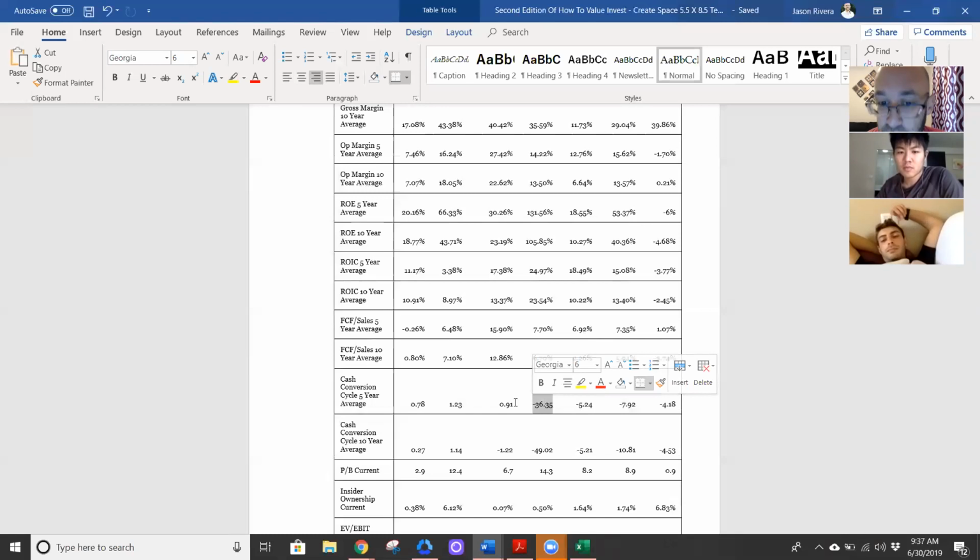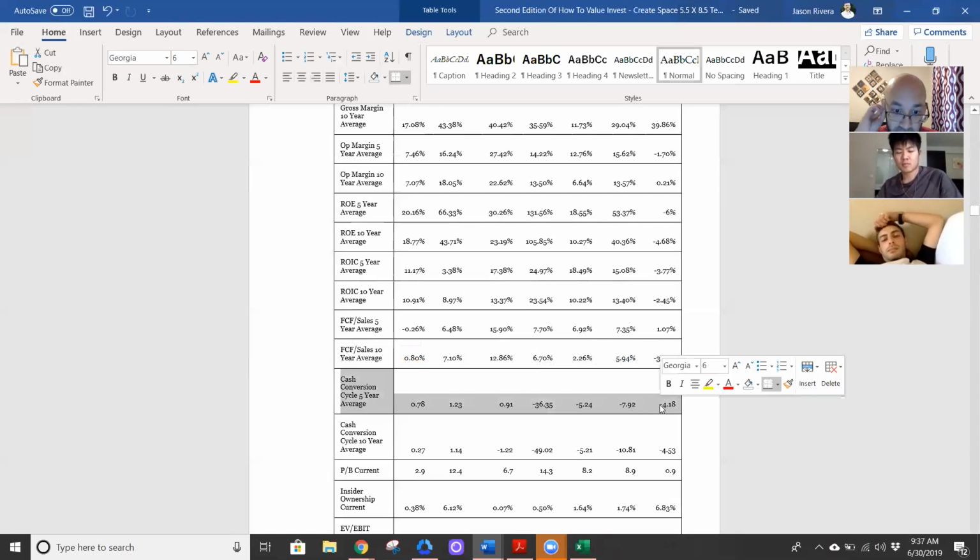This is an incredibly important number that pretty much no one talks about. Frankly, I've never seen anyone else talk about the cash conversion cycle. To me, it's one of the most important metrics I look at. Ultra important if the company produces hard assets, services, those kinds of things. If it's a tech company, like let's say Facebook, this number doesn't matter at all.